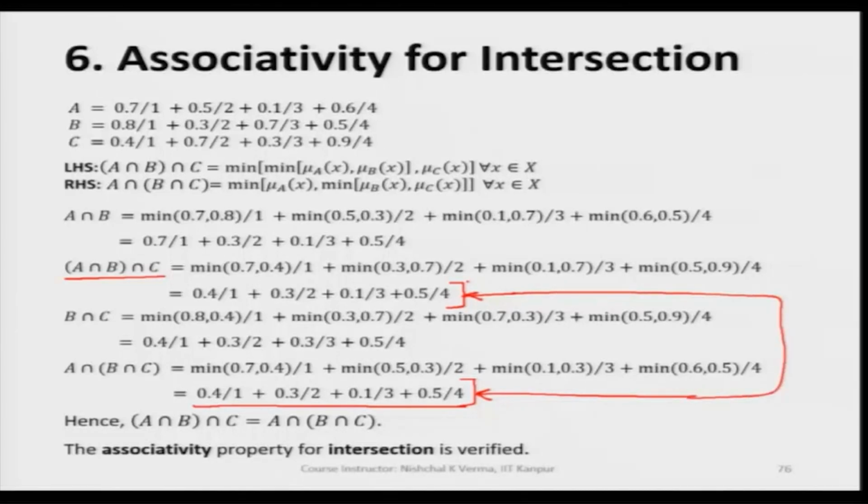This way we can say that if we take the intersection of A intersection B and C, and the intersection of A and B intersection C, both are equal. So, the associativity property for intersection is verified for all three discrete fuzzy sets also. This way we understand that the associativity property for intersection is satisfied for fuzzy sets also.